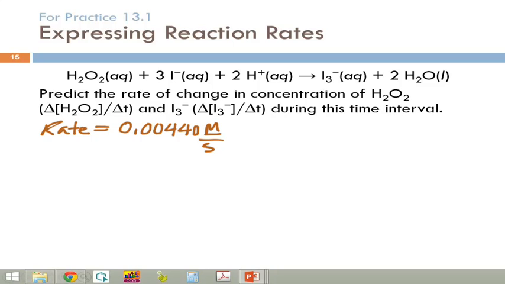We know how to write a rate equation for that, right? The rate will equal, what will it be in terms of H2O2? Negative. That's it. Negative delta H2O2, because the coefficient there is 1, right? And 1 over 1 is 1, and we can ignore him. Chemists don't like the number 1.